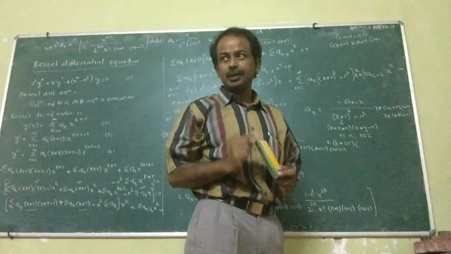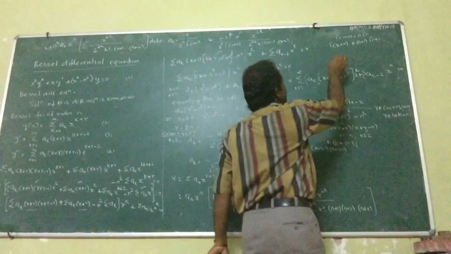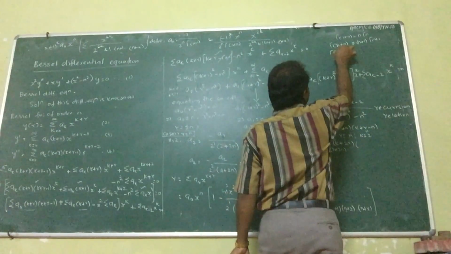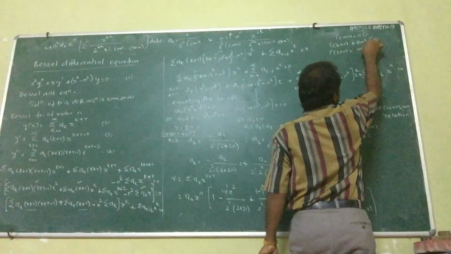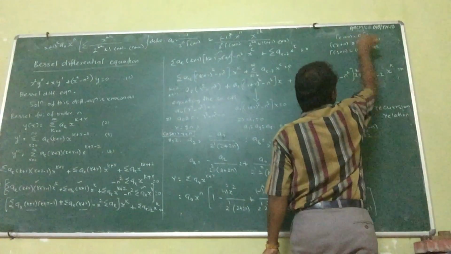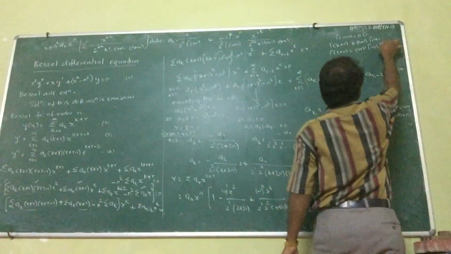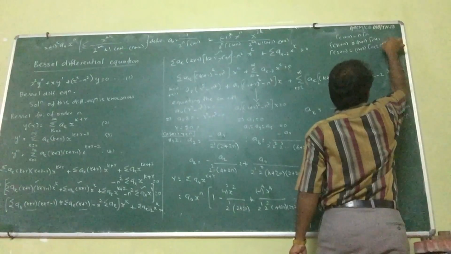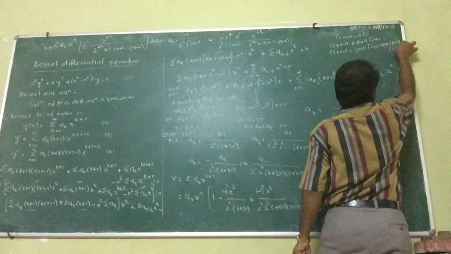Similarly, gamma 3 plus n becomes n plus 2 gamma n plus 2, and inside it I can substitute this one, so this becomes n plus 2, n plus 1, gamma n plus 1.